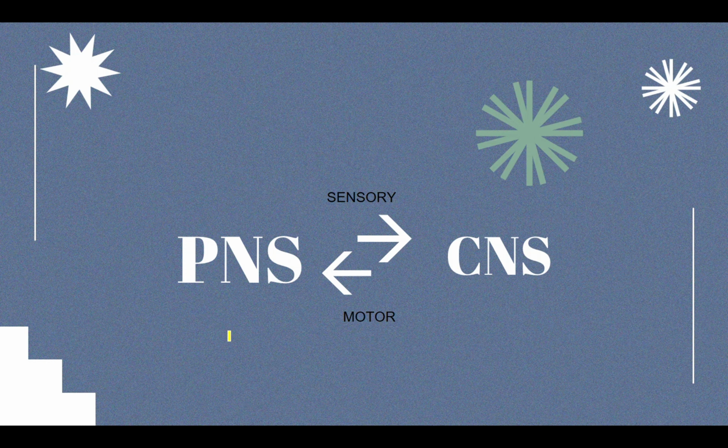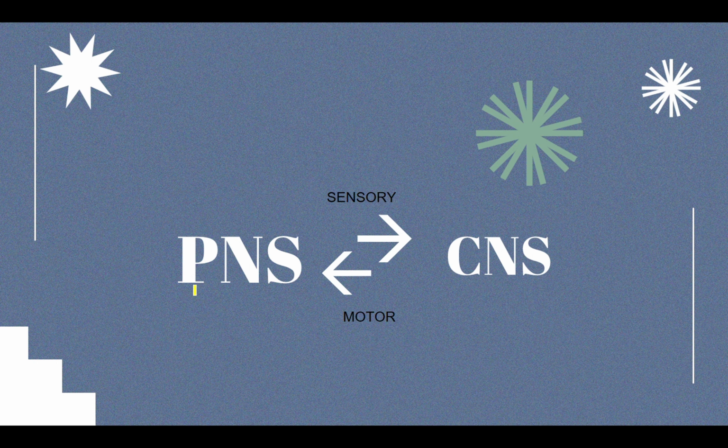Now we will talk about the peripheral and the central nervous system and how they are connected together and what they contain. So the peripheral nervous system would send impulses to the central nervous system. This is how the thing works. So peripheral would detect the change around you that you should make a response for.